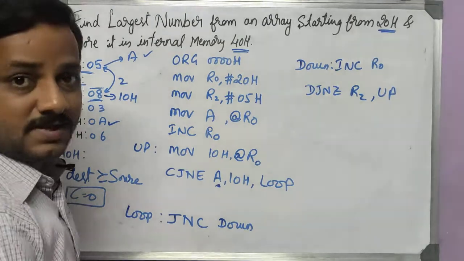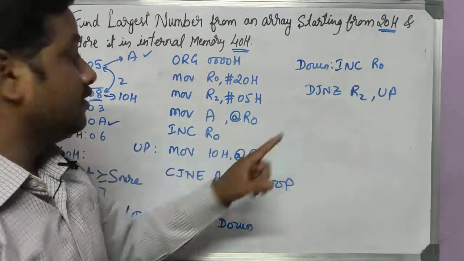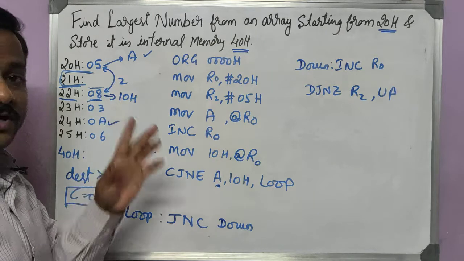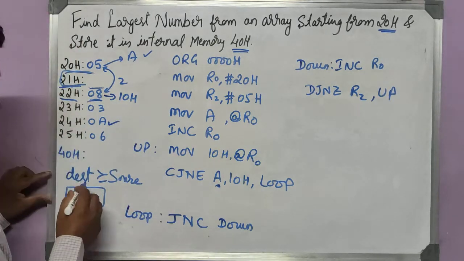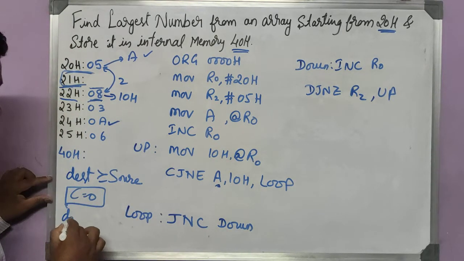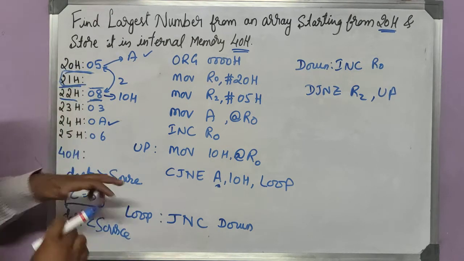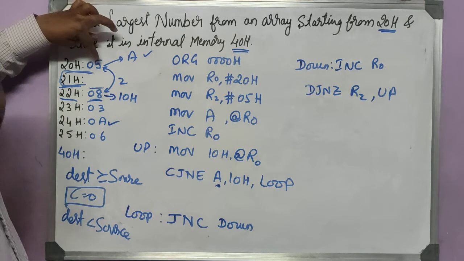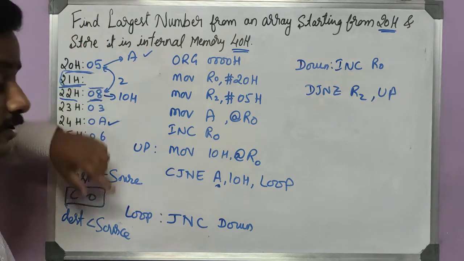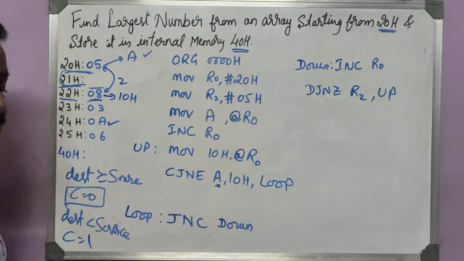And check for carry. If there is no carry, we should come here. But now what happens here? Will you get a carry? Yes, because destination is lesser than source now. This is the accumulator, the destination, that is lesser than source. So now the carry flag will be high.